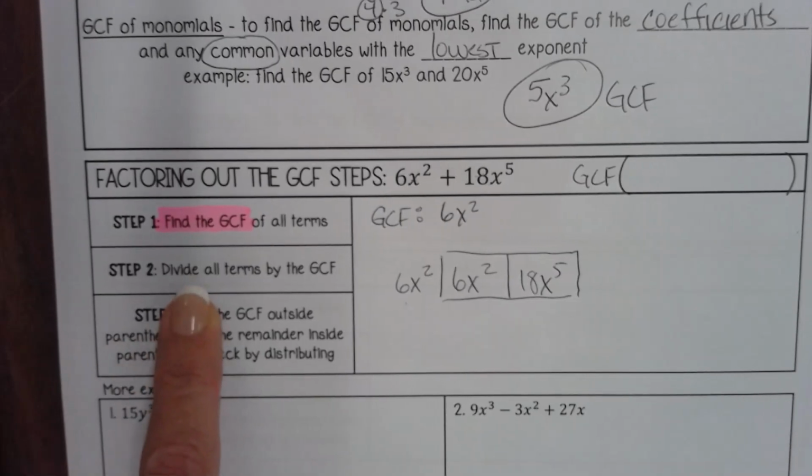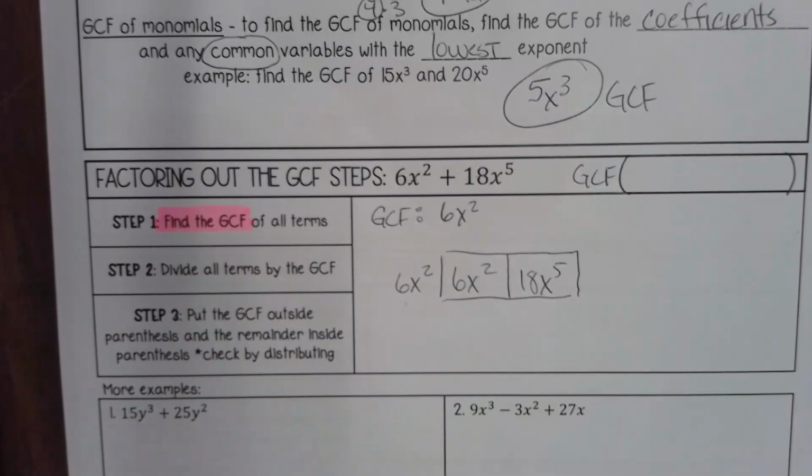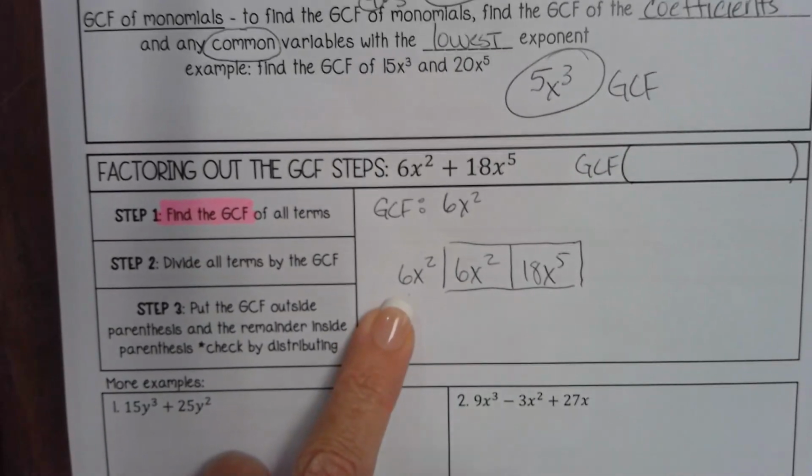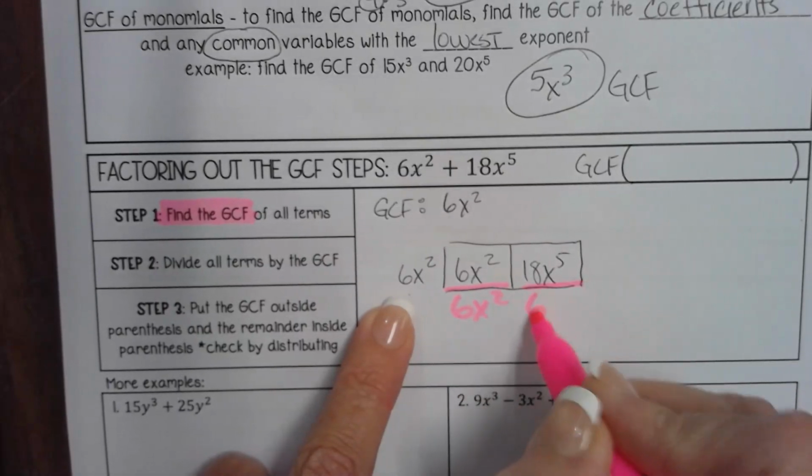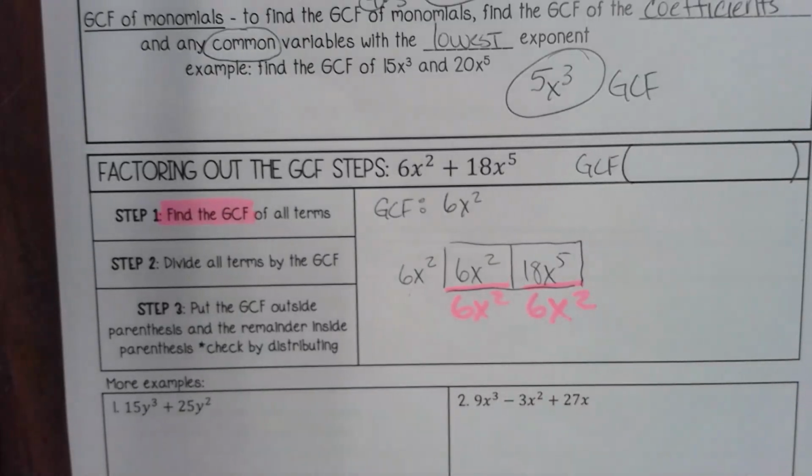And now look what step 2 says. Divide your terms in the box. Divide them by the greatest common factor. So there's my greatest common factor. I'm going to divide by 6x squared.